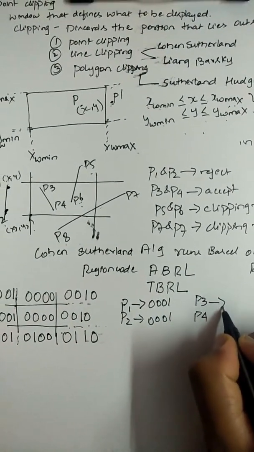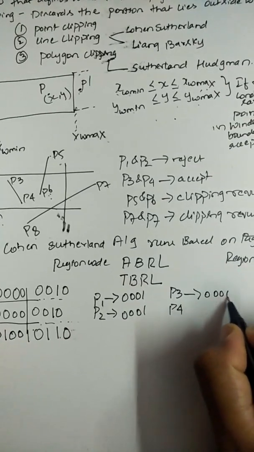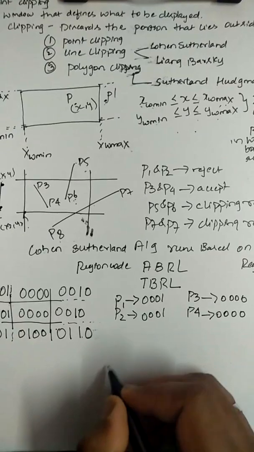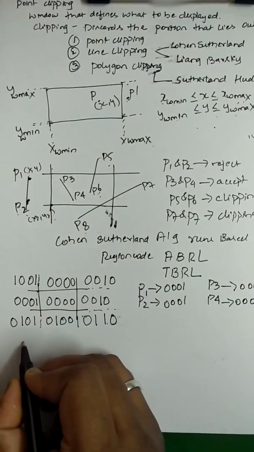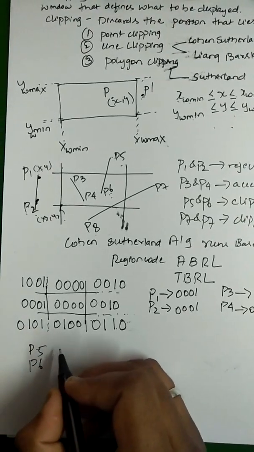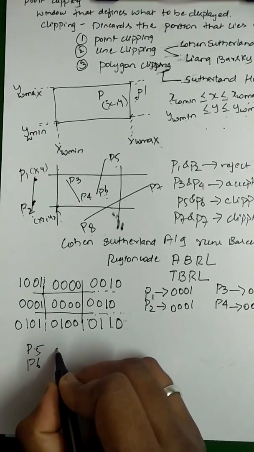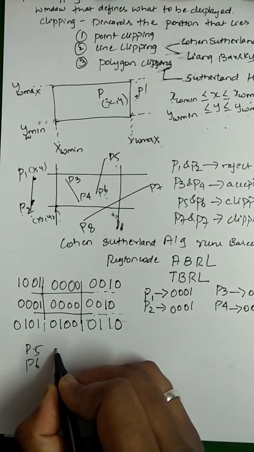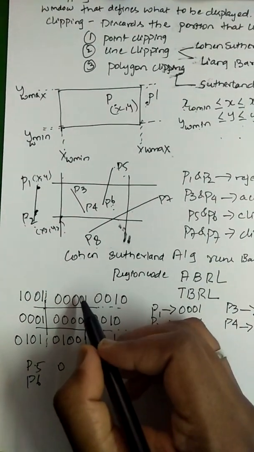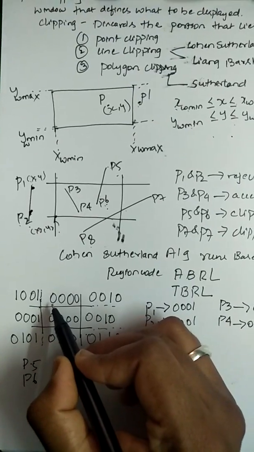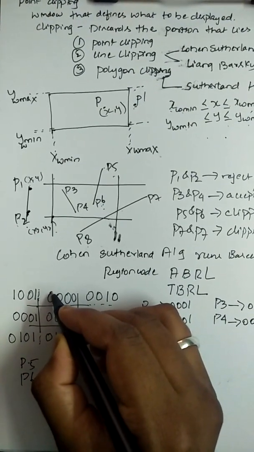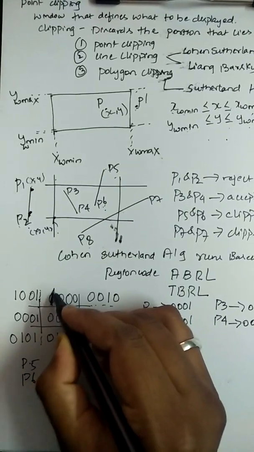The same way, can you just say the region code for P3 and P4? For P3 the region code is 0000 and for P4 also it is 4 zeros. How about for P5 and P6? For P5 the region code is... I made a mistake.